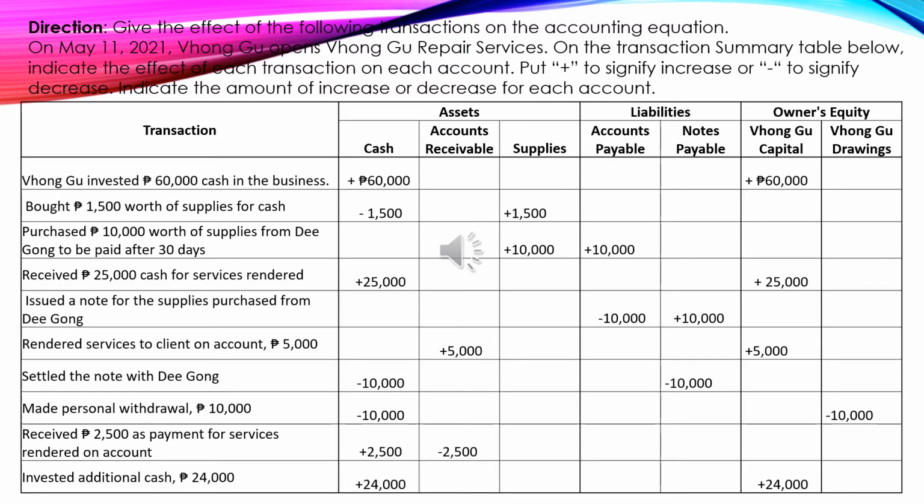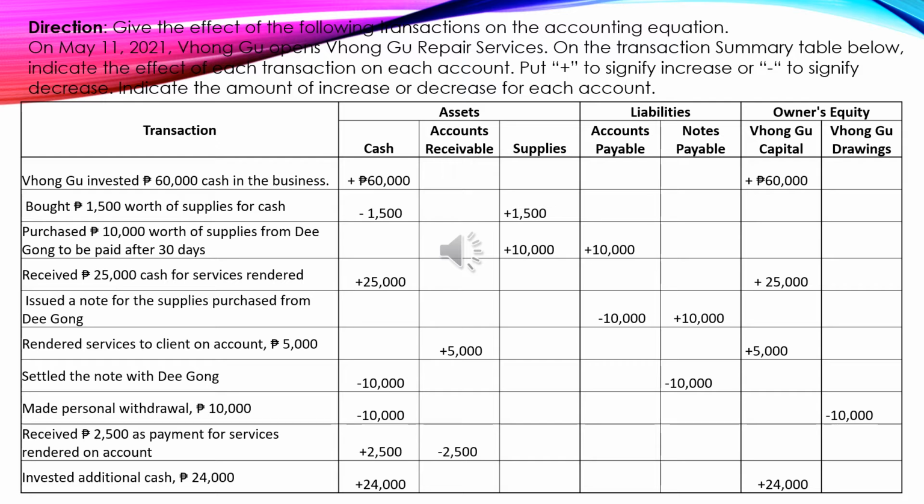Next, issued a note for the supplies purchased from Digong. Here, the accounts payable to Digong by Vonggu were converted to a notes payable. When we say issued a note, that means Vonggu issued a promissory note for Digong.